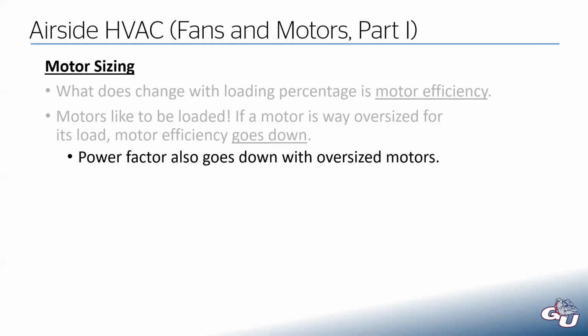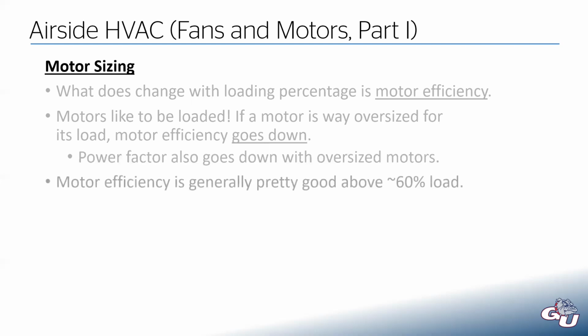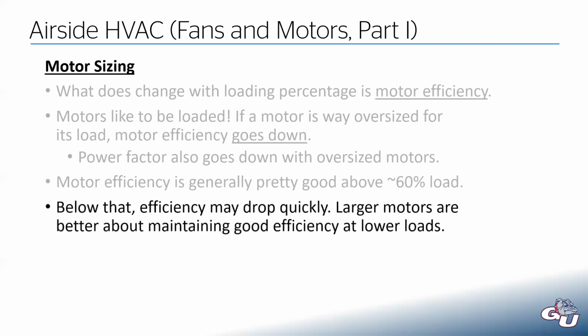And if your utility bills you for a low power factor, that could be a problem if it's a very large motor. But generally speaking, motor efficiency is okay as long as the motor is loaded above about 60% of whatever it's rated for. Once you start to get below that, the efficiency starts to fall off a cliff a little bit, although bigger motors are better about this at lower loads than smaller motors.